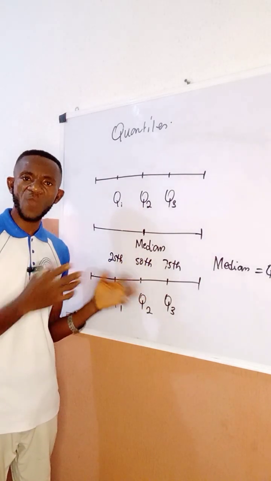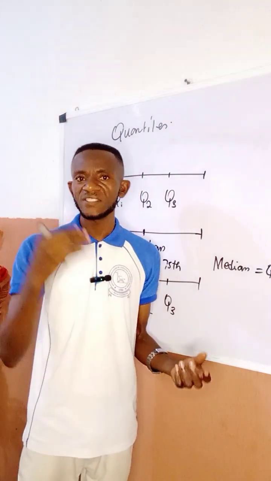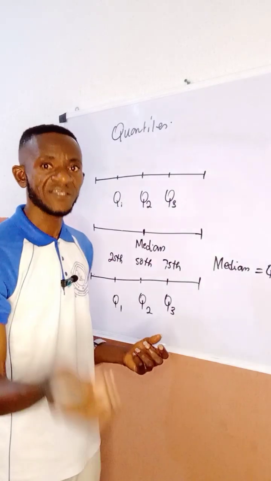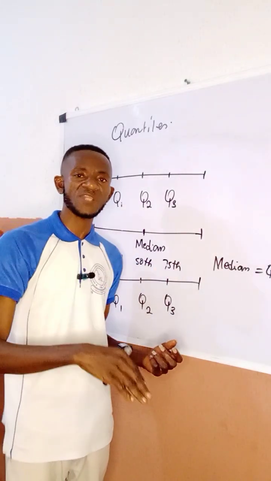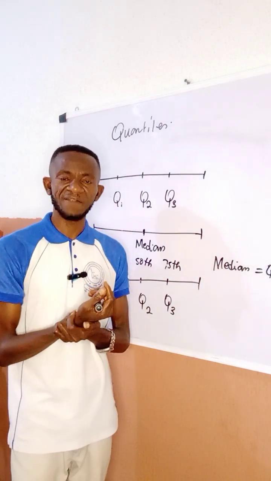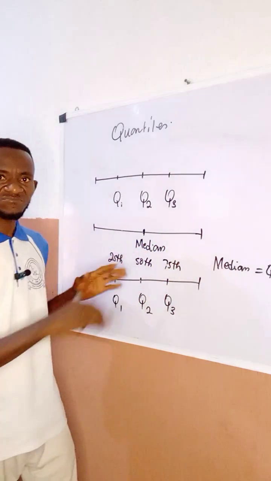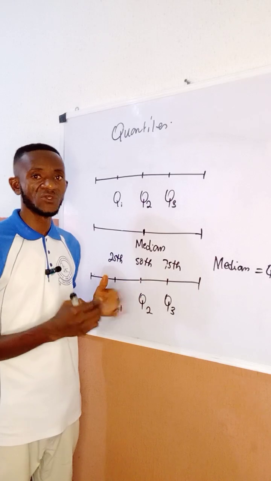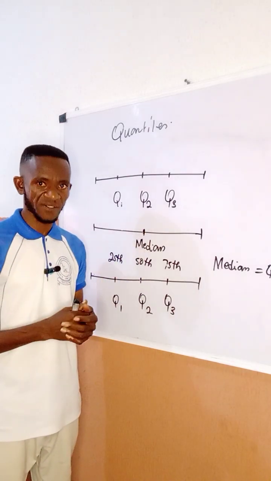So this is the reason why oftentimes you hear people say that the second quartile is the same thing as the median, the first quartile is the same thing as the 25th percentile, the second quartile the same as the 50th percentile, and the third quartile the same as the 75th percentile. I really want to believe that you must have got some clearer picture on why people make that kind of generalization without necessarily laying emphasis on how they came to be.